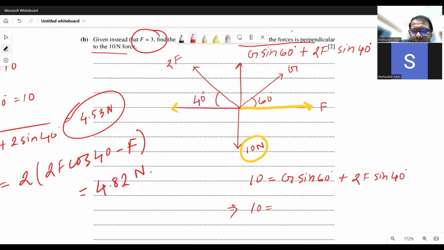So 10 equals G sine 60 plus 6 sine 40. Now you have to make G the subject. If you make G the subject, it's going to be 7.09 Newton up to 3 significant figures.